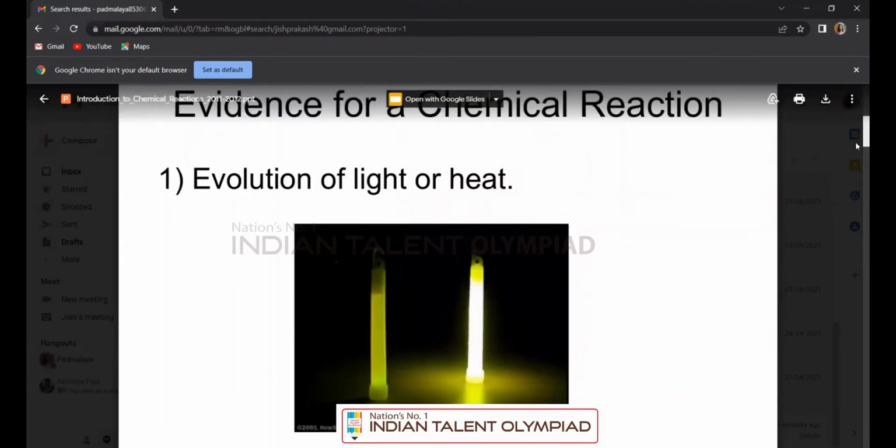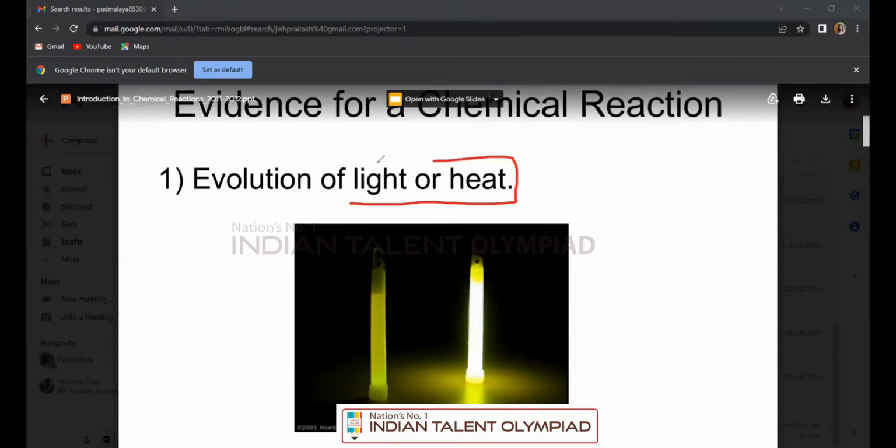Next, we have some evidences. We need some evidences for the chemical reactions to take place. Generally, we have some chemical evidences which can be visible or can be felt, showing that a chemical reaction is taking place. The first and foremost is the evolution of light or heat.